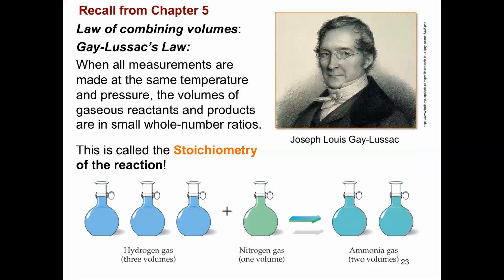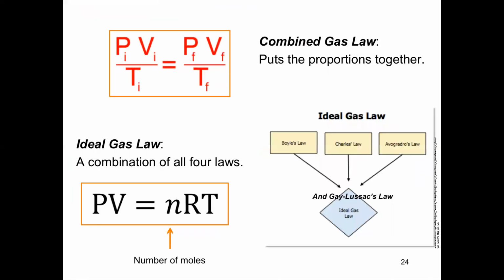Together, that would be the stoichiometry, and based upon Avogadro's work, we know that that would be a certain number of molecules, which is what we now call a mole. So all of these work together, because when we're talking about the pressure and volume of these gases, we're talking about a certain number of molecules.